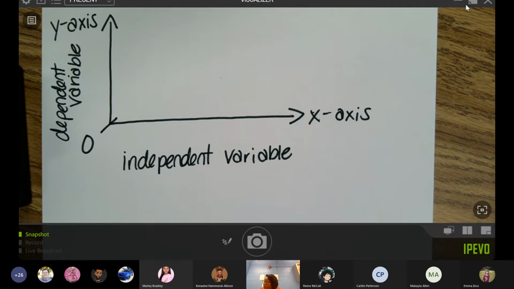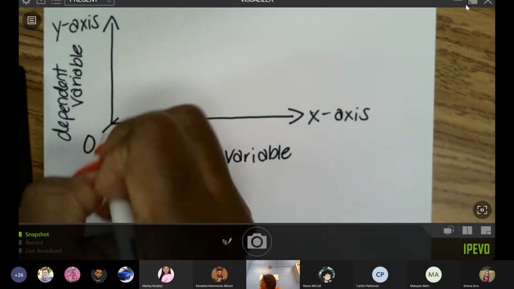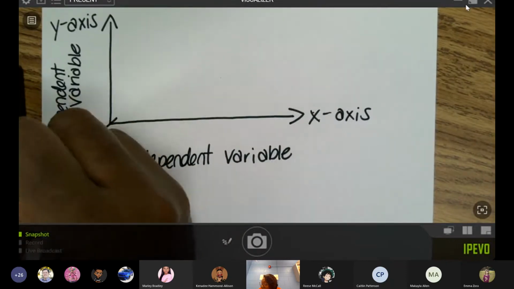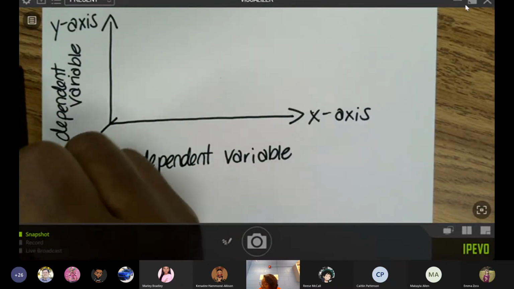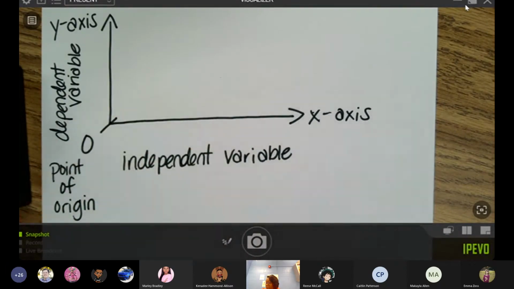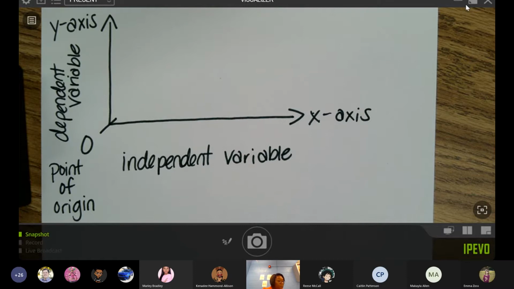So we want to have that in our notes. You'll see this 0 here. This is our point of origin. Almost as if we were in a race, this is our starting point. So we're going to put our 0 there, and we want to label that as our point of origin. Take some time to finish that up.